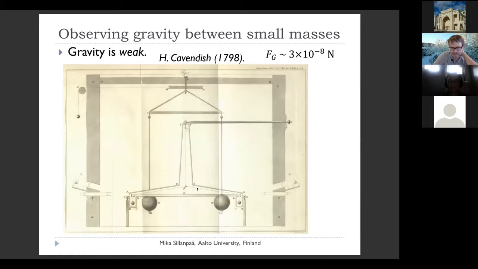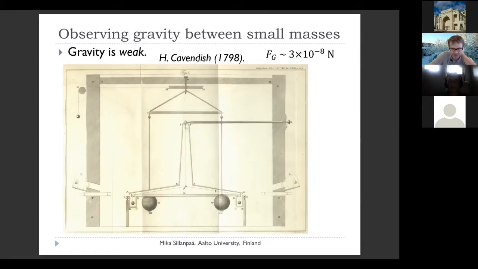But this was done already more than 200 years ago by this Cavendish experiment. This is from the Cavendish paper. It's a bit hard to understand, but they have these 100 kilo lead spheres. These big ones, they are called the source mass, which produce the gravity, and then they have these little spheres, which are about 1 kilo, and they are called test masses. And this is a torsion balance.